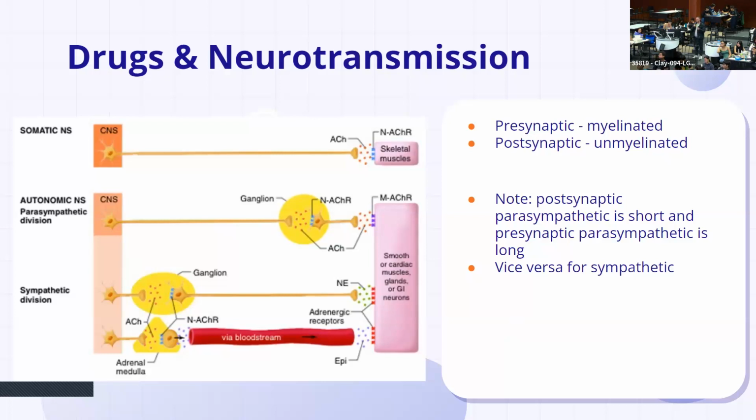What that is saying is that you will have a nerve fiber that comes from your spinal cord that is going to go, say for example, to the gut. What will happen for a parasympathetic nerve is it will synapse on the gut, and then it will go to a short parasympathetic postsynaptic neuron, and then that will act. Whereas in the sympathetic division, it's a short presynaptic and a long postsynaptic.